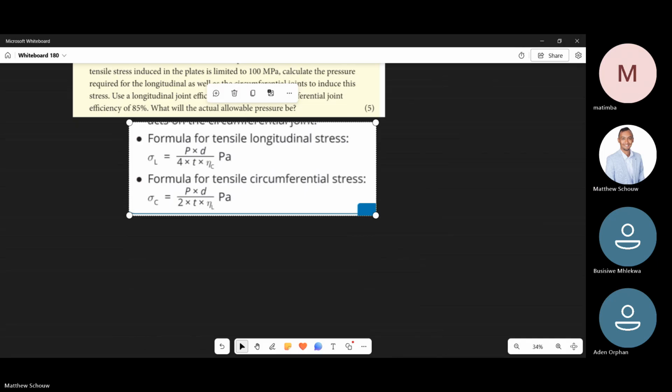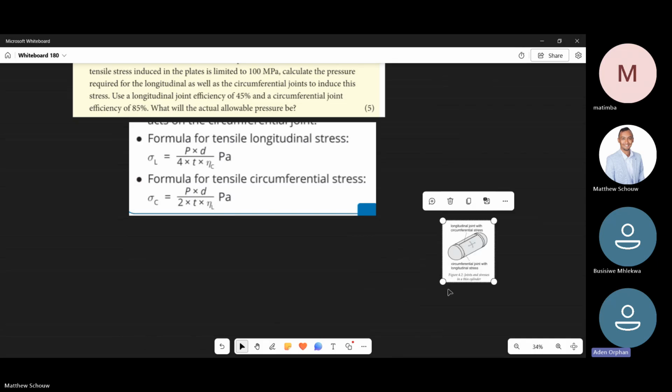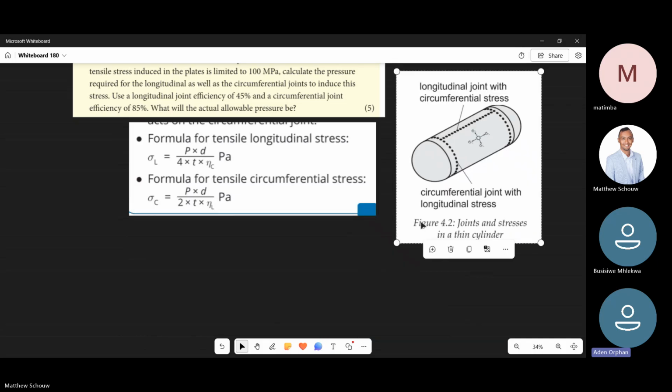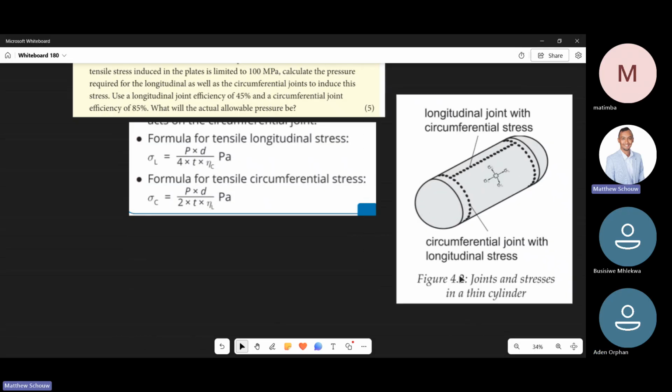Aiden, seeing that you've gone through this before. So I think that you do the opposites, because for the circumferential stress, it is the longitudinal efficiency that is going to resist it. That is correct.